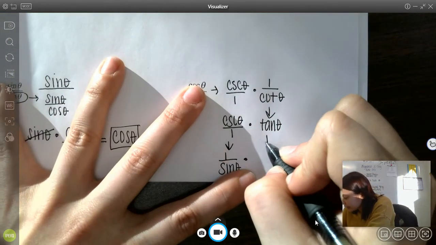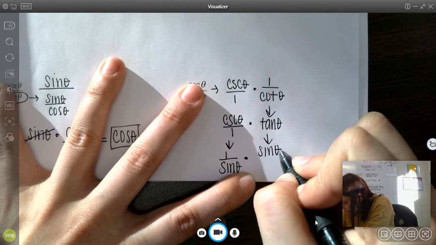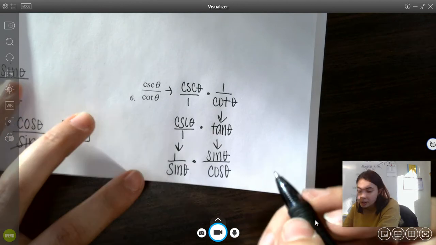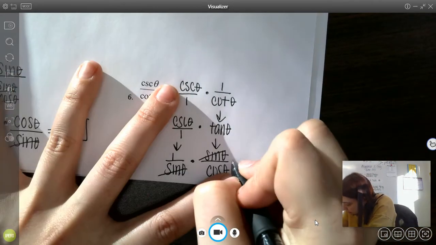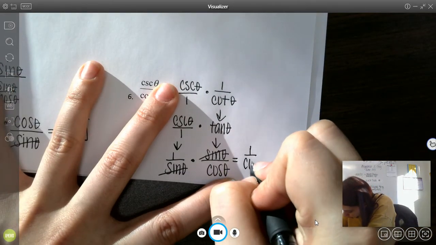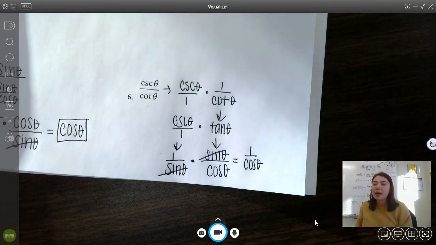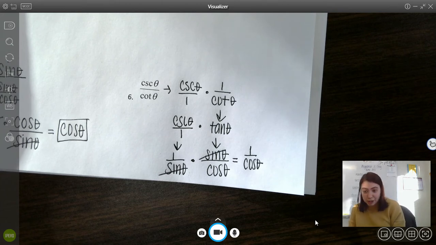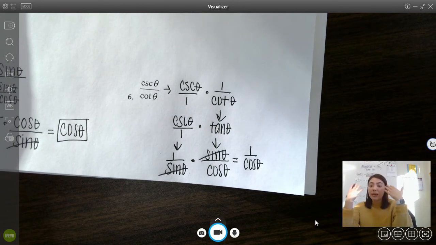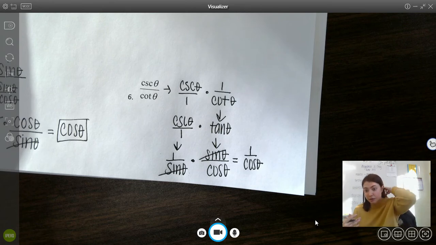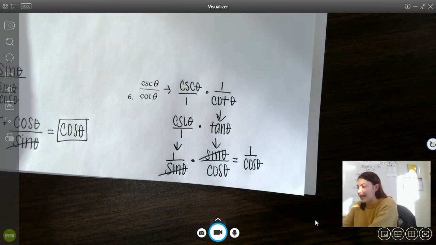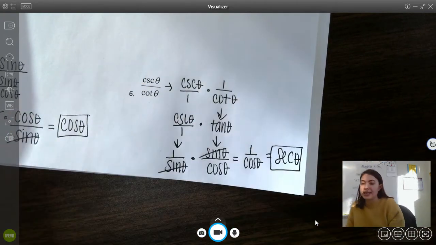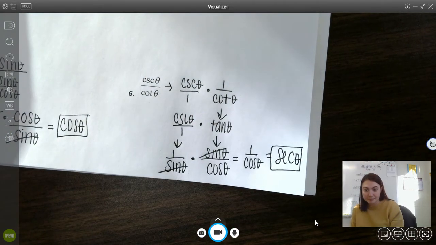Then we could turn tangent into the sine of theta over the cosine of theta, and if you take a look, the sines cancel out, and we're left with 1 over the cosine of theta. We want to avoid leaving our answer as a fraction as much as possible. We know that 1 over cosine is the reciprocal of cosine, which is equivalent to the secant of theta, and that is your final answer.